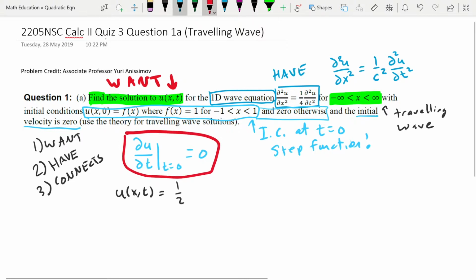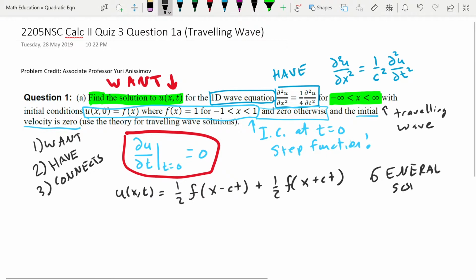So when we have this, we have a set of traveling wave solutions, 1/2 f of x minus ct plus 1/2 f of x plus ct. This is our general solution to the traveling wave equation with 0 initial velocity.